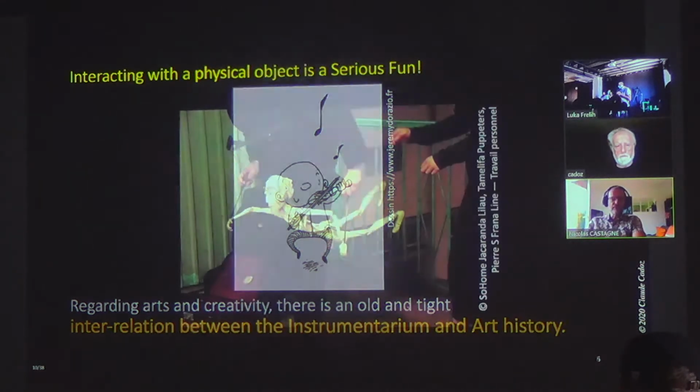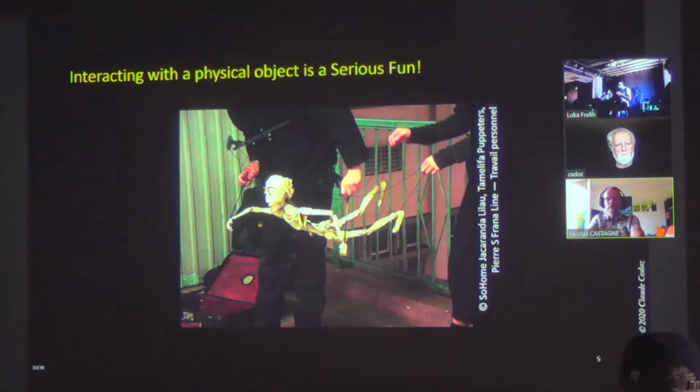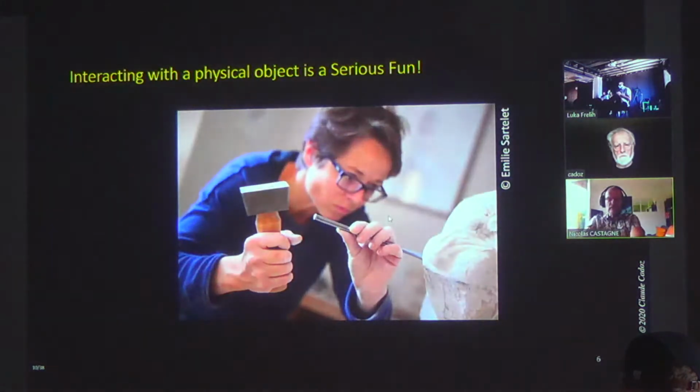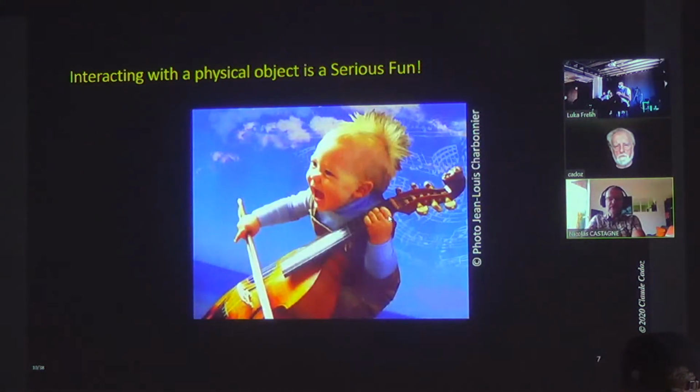These are three examples: puppeting, of course, manipulating a physical object, sculpting, and also musical creation, which is apparently, according to the look of this young guy, really fun, definitely.